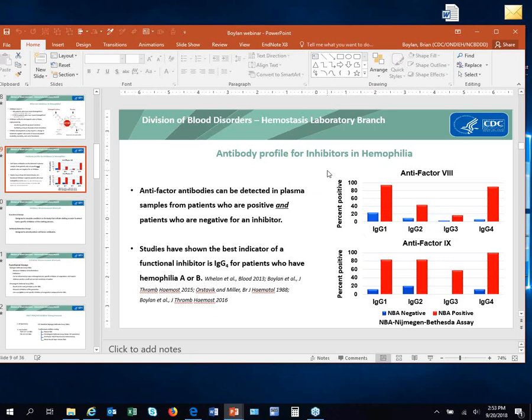And this is a question that a lot of people are asking. What types of SNPs or variations in a patient's immune response genes contribute to down the road whether or not they develop an inhibitor?